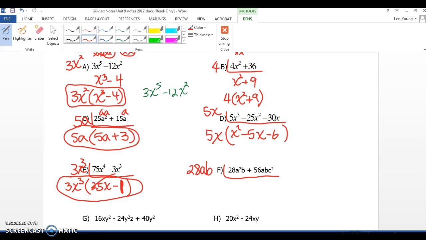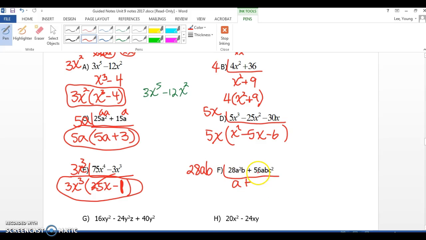So once you've pulled out the greatest common monomial factor, all you need to do is just divide. 28a squared b divided by 28ab is, 28 divided by 28 is 1. A squared divided by a is a. We're subtracting the exponents. B divided by b is nothing.